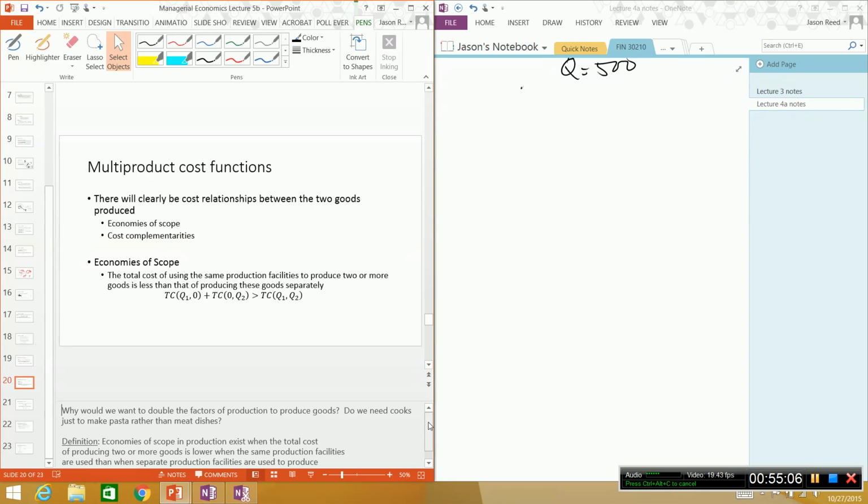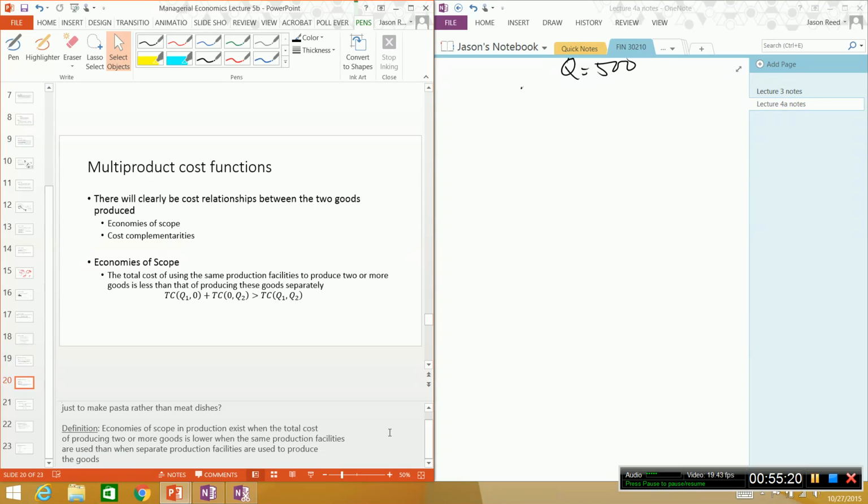The answer should be no in some way. So the total cost of using the same production facilities to produce two or more goods has to be less than the cost of producing these goods exclusively. So economies of scope in production exist when the total cost of producing two or more goods is lower than essentially producing each one separately.